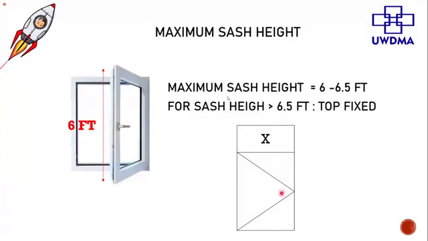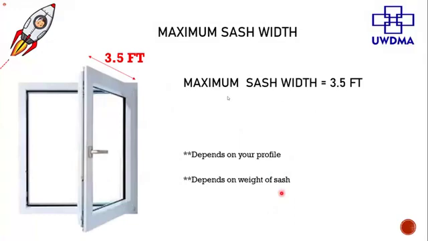And if we come to the maximum sash width, then we say you can go with a maximum of 3.5 feet, but still it will always depend on your profile and of course on the sash weight. So for the maximum width, first of course you have to consider your profile provider, what they suggest, what they prefer.